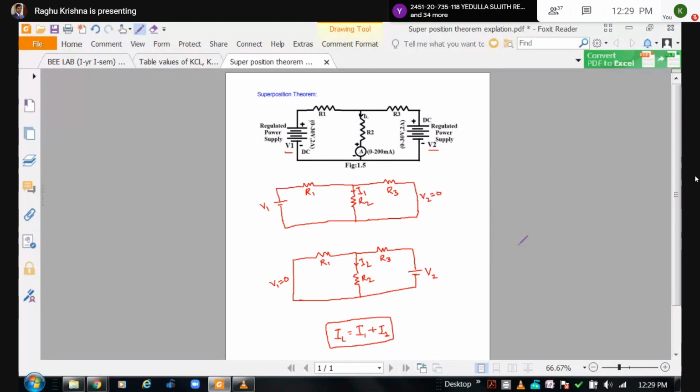If both voltage sources are there, then the current is IL. If only V1 is there, I'm taking the current as I1, and if only V2 is there, I'm taking the current as I2. And superposition theorem states that IL is equal to I1 plus I2.